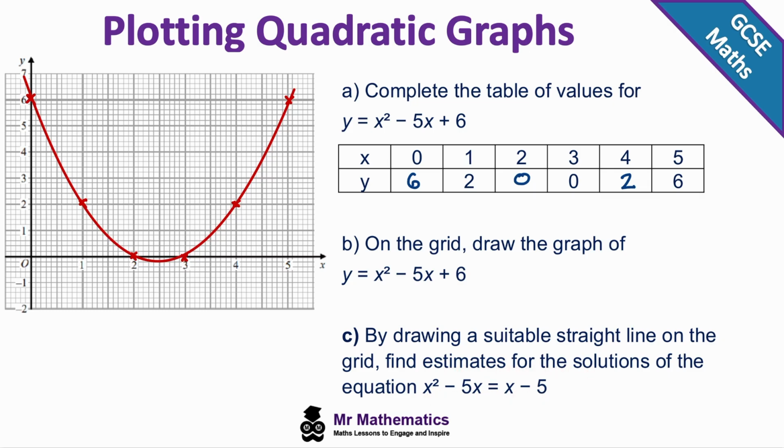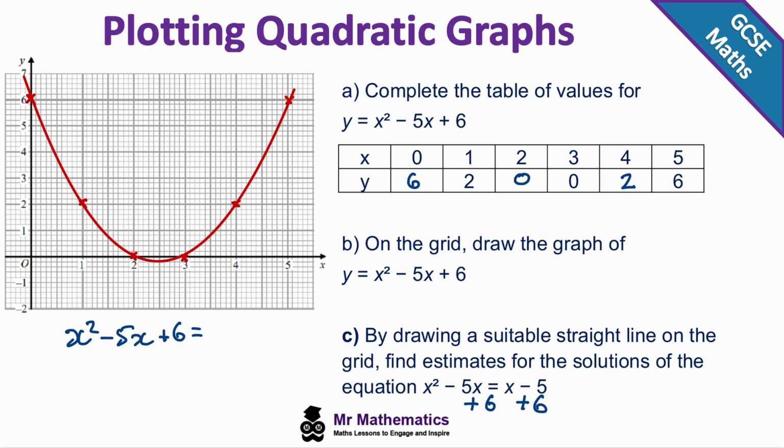So now the question is, how do we make this equation look like the graph we've drawn? Well, if we split it up into two parts, we've got x squared minus 5x. But on the left-hand side, we need a positive 6. So if we add 6 to both sides, then we'll have the positive 6 on the left-hand side.